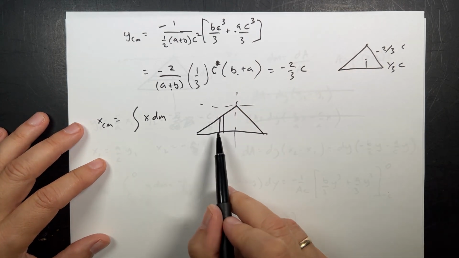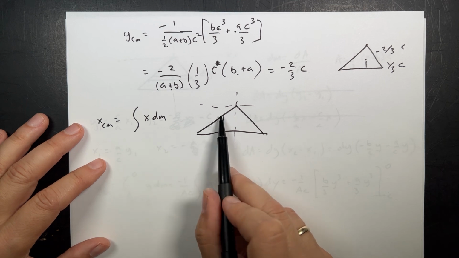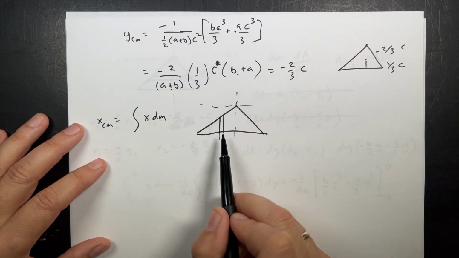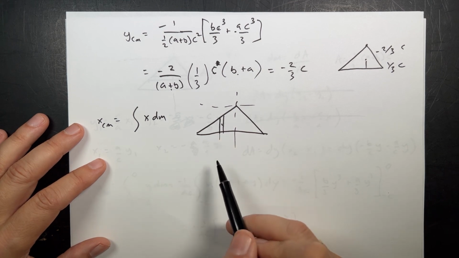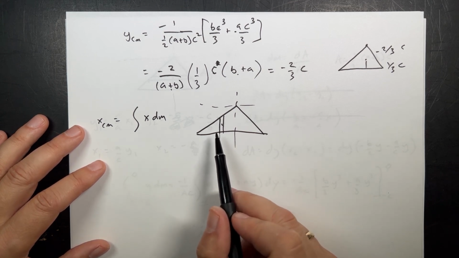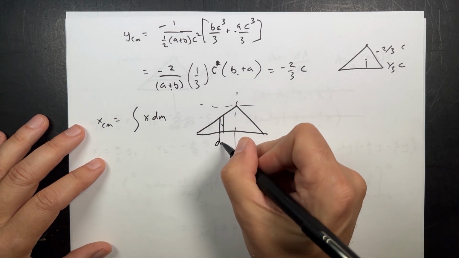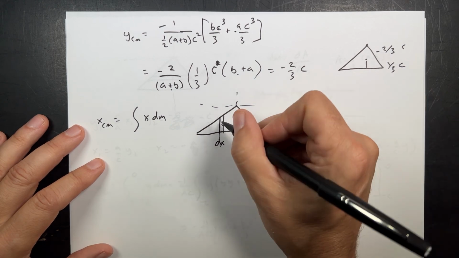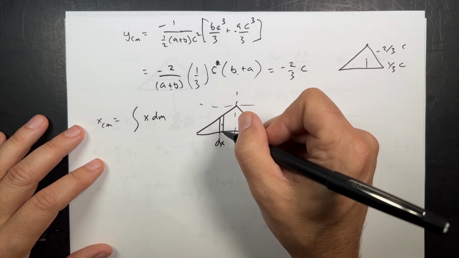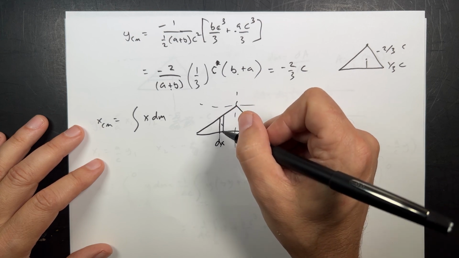And we're doing this because I don't have to worry about where in the y direction it is. I can treat it as a single point. It doesn't really matter about its y value, I'm adding up in the x direction anyway. So this has a width of dx, and it's going to have a length of y.